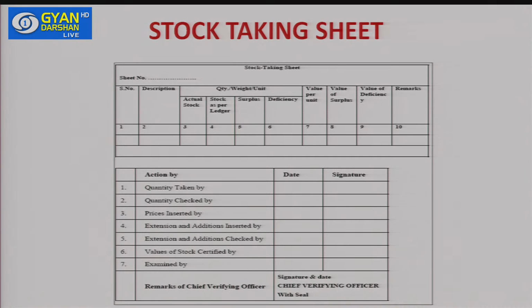The actual one available in the factory or organization may differ, but the points are the quantity taken, quantity checked, then the prices, other items, who checked, who estimated, all the signatures, and along with the date. If you see the third column, there is a mention of the date. So you, as stock verification personnel, need to sign and put a date.